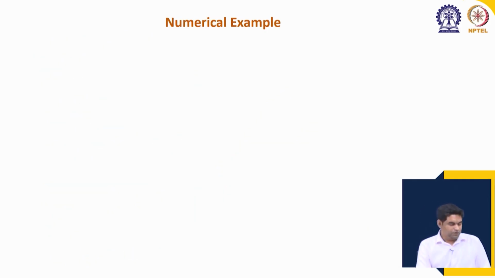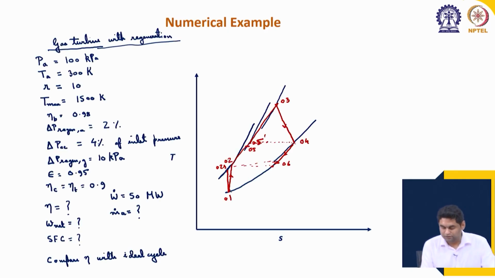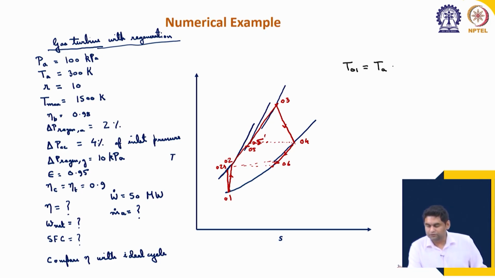Okay. So, what we will do is we will start with each state calculation. So, T01 and T02 are the first stage that needs to be calculated. T01 is equal to Ta plus Va square by 2 Cp. In general, this should be the case. Here Va is not given, so there is no ambient velocity, we can ignore.